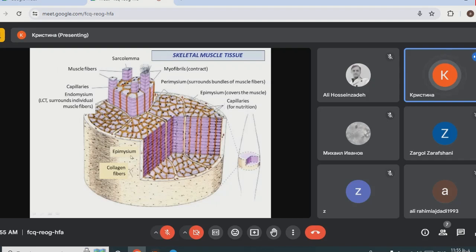So epimysium, perimysium, and endomysium resemble the epitendineum, peritendineum, and endotendineum in the tendon. As you remember, tendon will have bundles of collagen fibers of different orders, also separated from each other with layers of connective tissue. Here the same, but here we have not bundles of collagen fibers, but the muscle fibers.